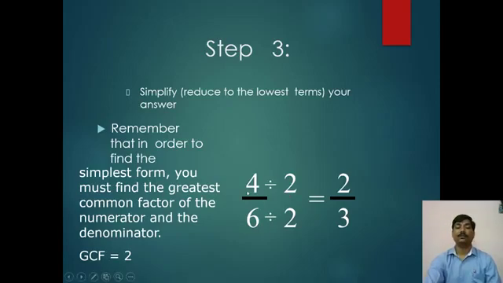You can find the GCF by the division method or factorization method of 4 and 6. The GCF will be 2.